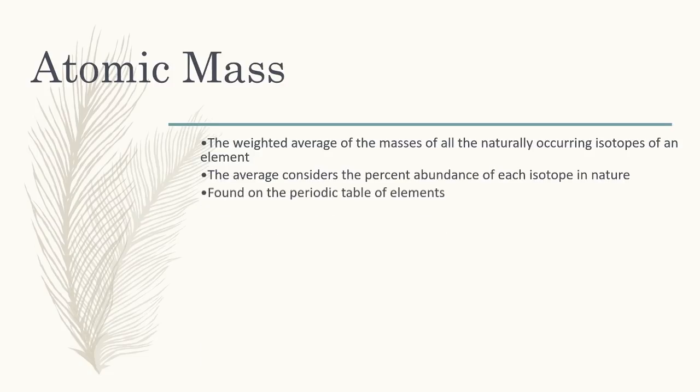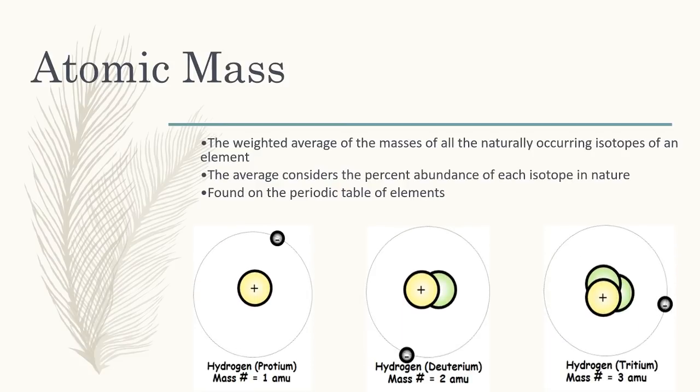So, for instance, if we're looking at hydrogen, protium is going to be much more abundant than deuterium or tritium would be. You can find all these on the periodic tables, but ultimately you would take the atomic mass of protium, deuterium, and tritium and use their abundances to calculate those numbers, which is why the numbers are never going to be nice and even. They're always going to be some weird decimal when you look at the atomic masses.